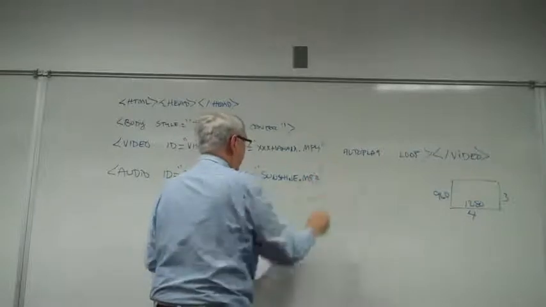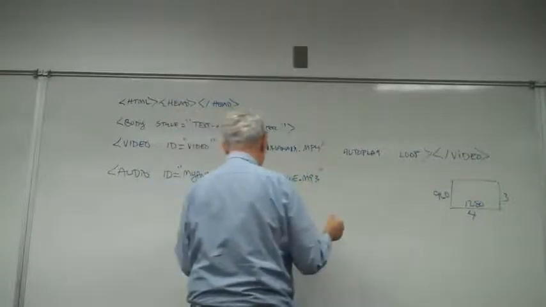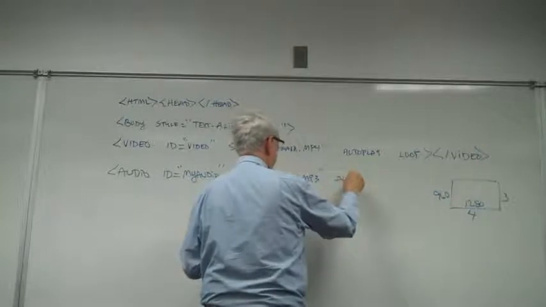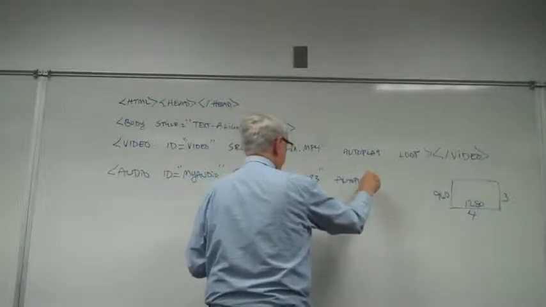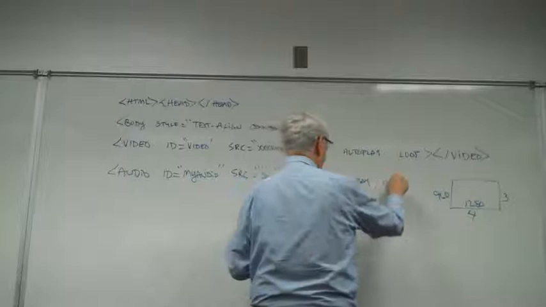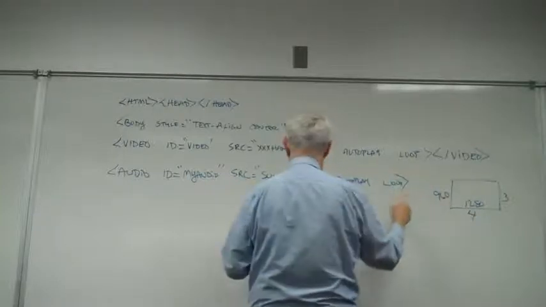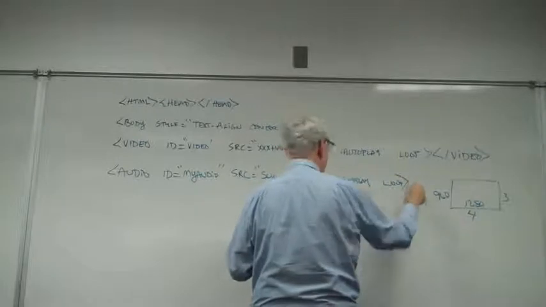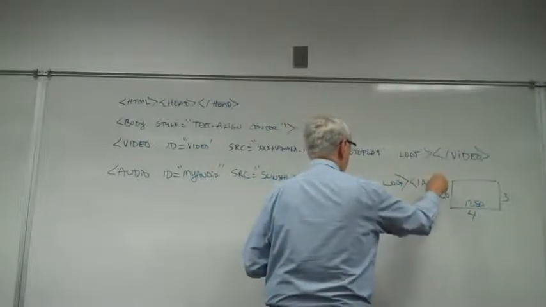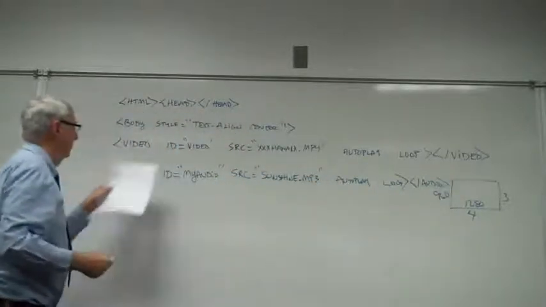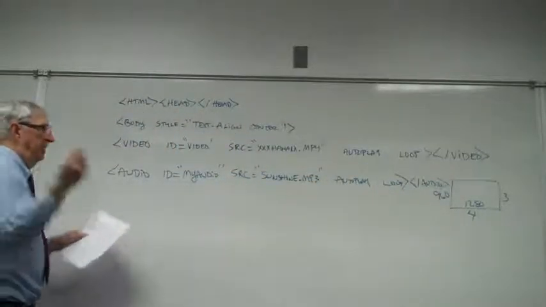Don't forget, they're always MP3s for us. And you have autoplay on this one also, because you want the sound to start at the same time, and you want it to loop also. And slash audio. That's it. If you don't get any audio from the video, you have to create your own audio, and that's what does it.